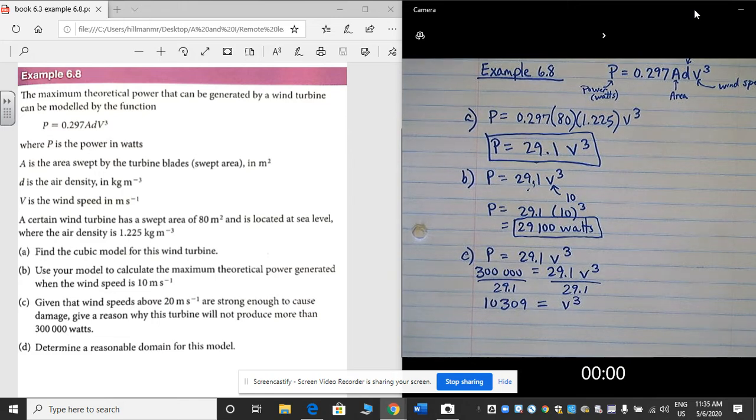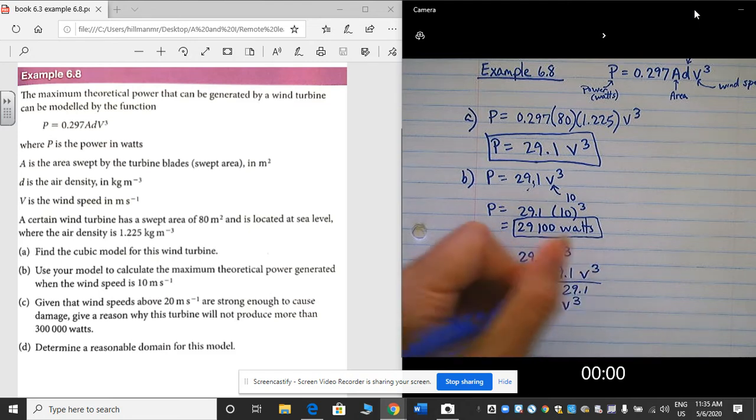Then to find V, I need to find the cube root of that. On your graphing calculator, hit the math button, and number 4 is the cube root. Taking the cube root of that number, I'm getting approximately 21.8.